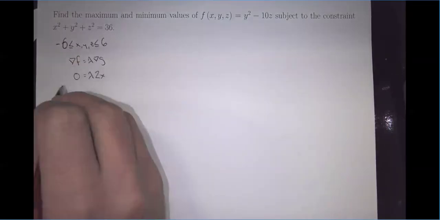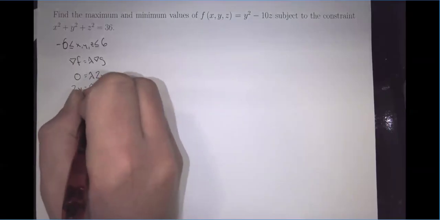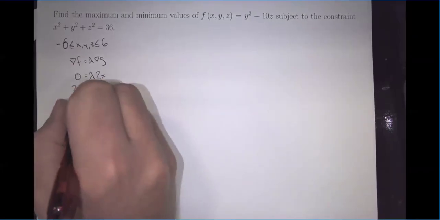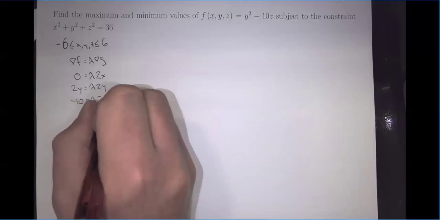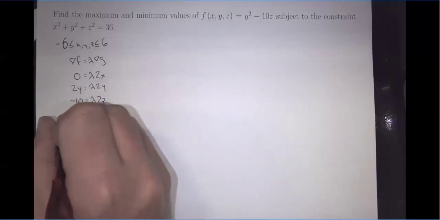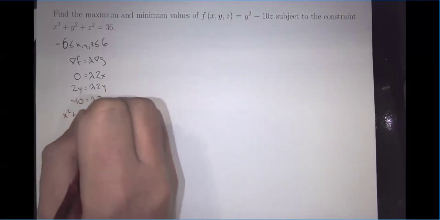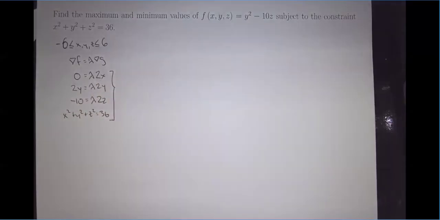With respect to y, we've got 2y equals lambda 2y. And with respect to z, we've got -10 is equal to lambda 2z. We also have x² + y² + z² = 36. So we need to satisfy all 4 of those equalities in our answer.